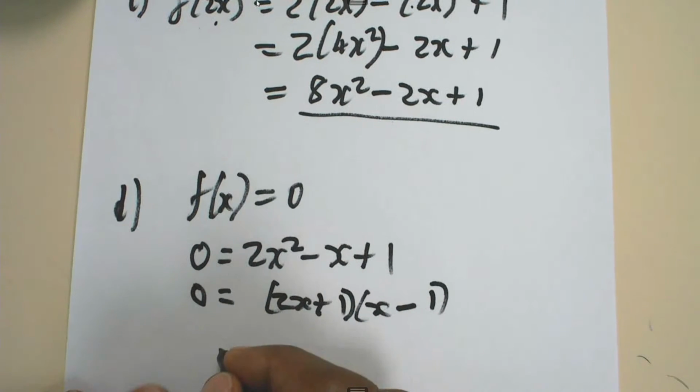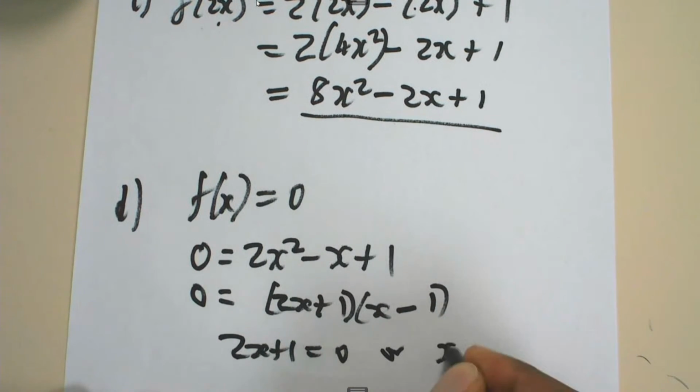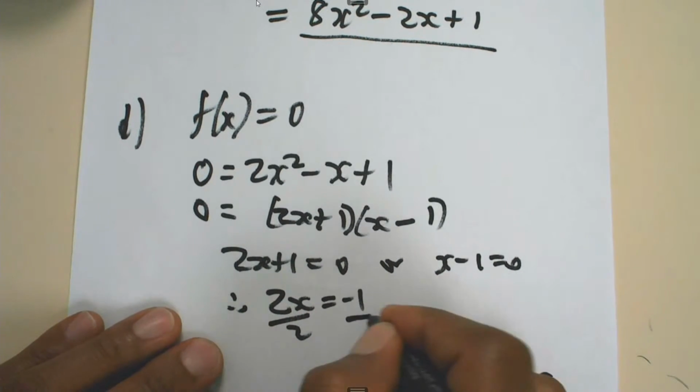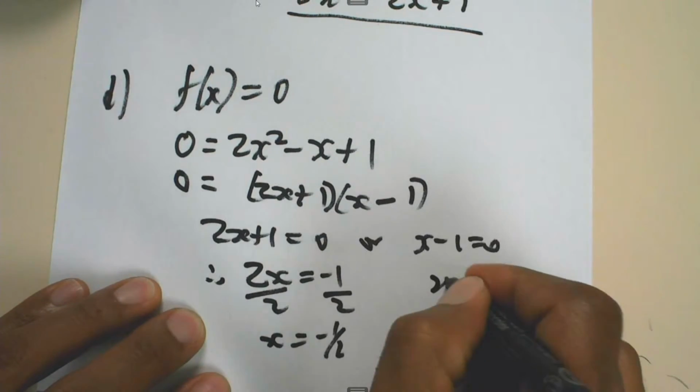Therefore in this case we can now say 2x plus 1 is equals to 0 or x minus 1 is equals to 0. Therefore you can kick 1 to the other side. Then we've got 2x is equals to minus 1, divided by 2. Therefore x is equals to negative 1 over 2 or x is equals to 1.